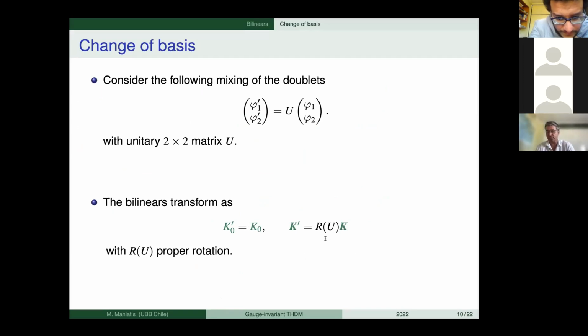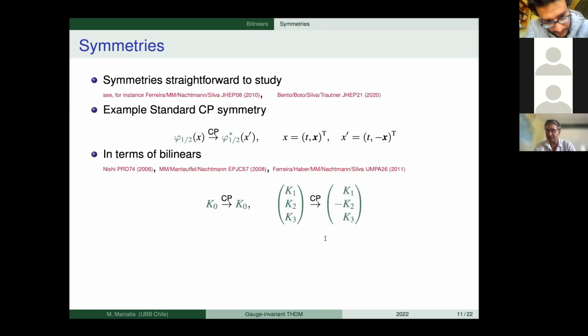For instance, this would correspond to an SO3 rotation, and we also studied symmetries, which have to be arranged such that the kinetic terms are not violated. And then we studied all the classes of possible gauge groups. We have classified them and done that. This is exactly as you say.